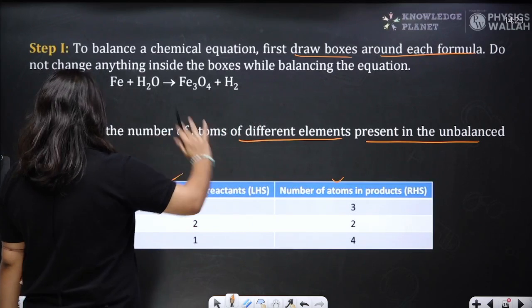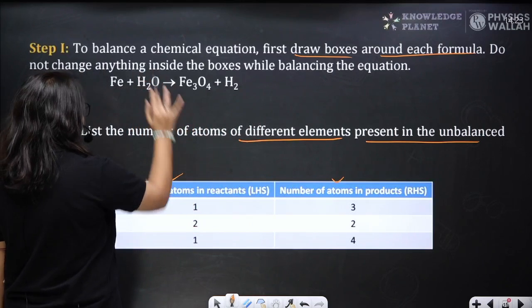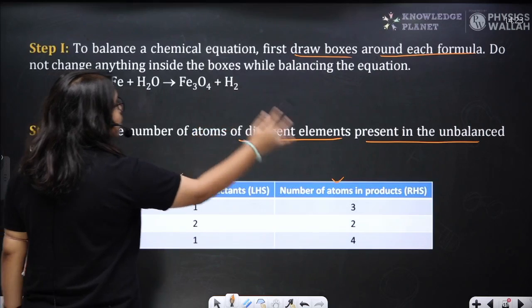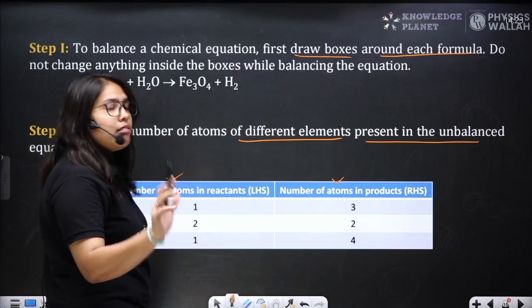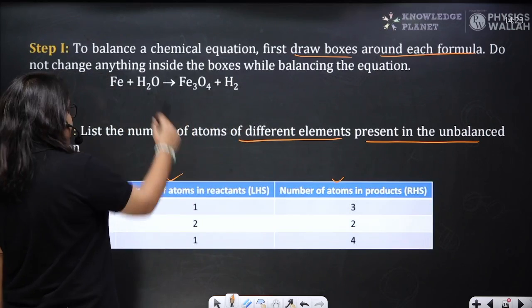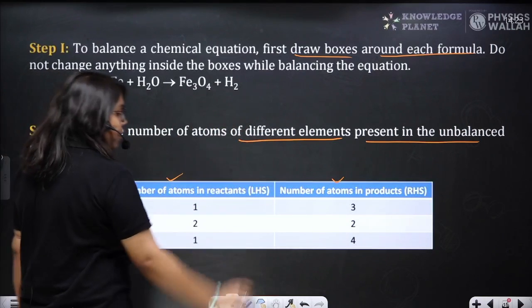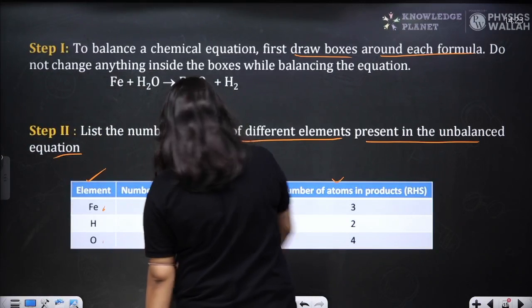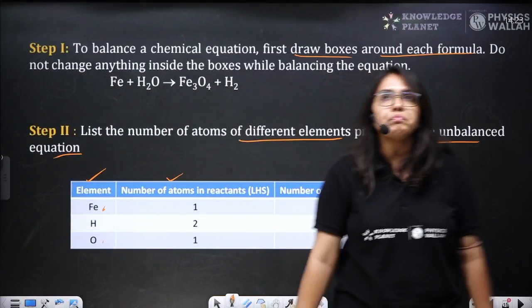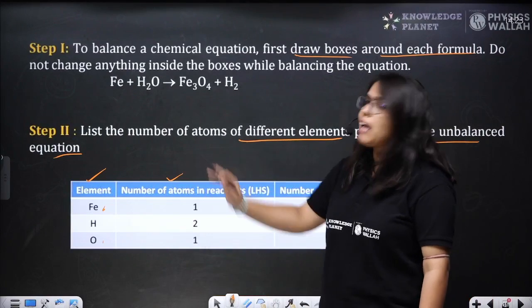Let's now check hydrogen. 2 atoms, and on the product side also 2. So hydrogen so far is balanced. Will it be balanced till the end? We shall check. Oxygen 1, here it is 4. So you can see that iron and oxygen are not balanced, so we will try balancing them.